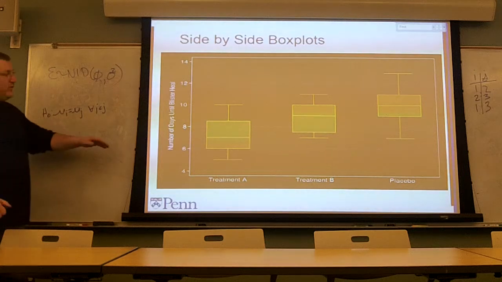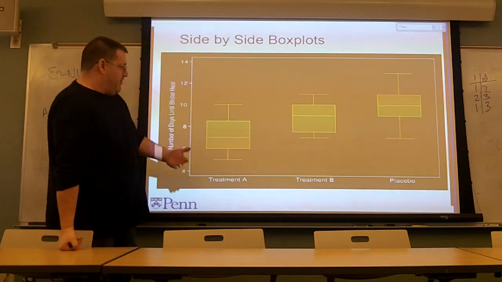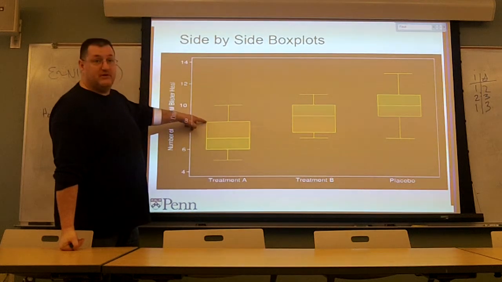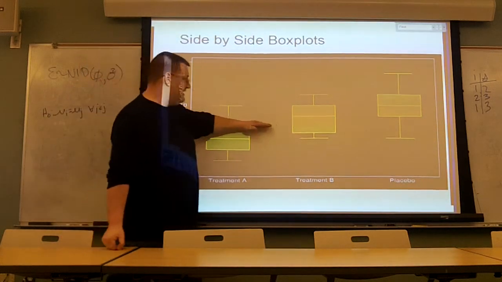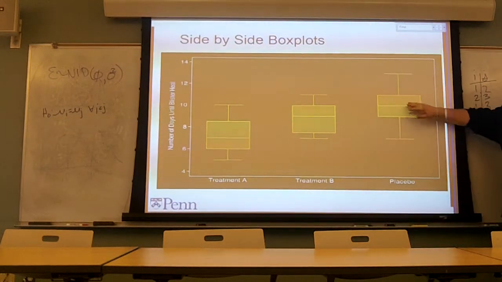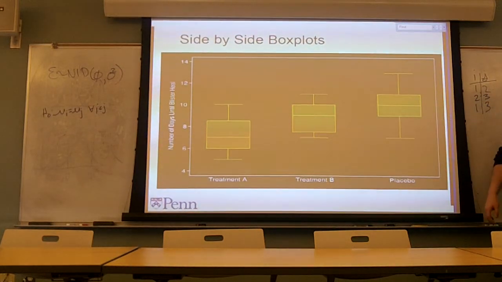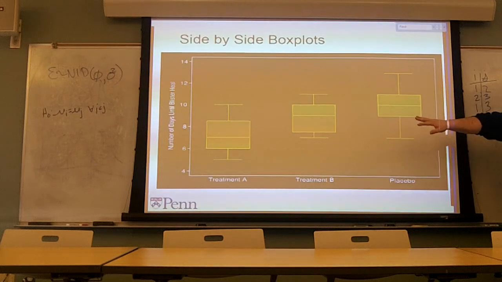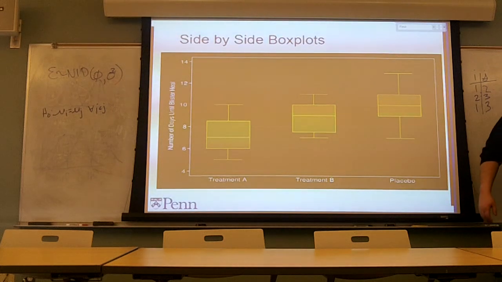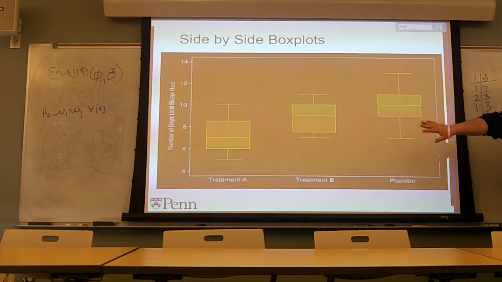But when we start getting into it, my eyeball is directed to the 75th percentile of treatment A, and that falls below the 25th percentile of placebo. So there's little overlap between treatment A and placebo. Is it possible, however, that instead of treatment A, treatment B, and placebo, you could think of this as dose escalation, maybe?